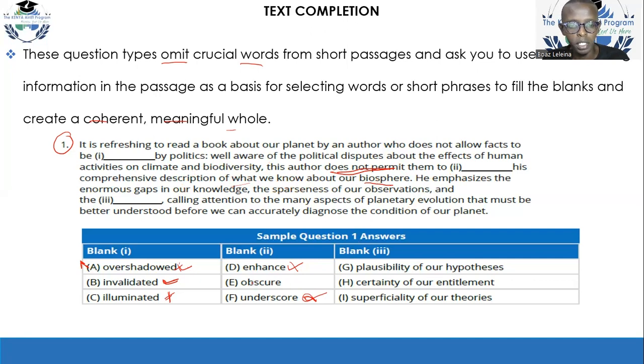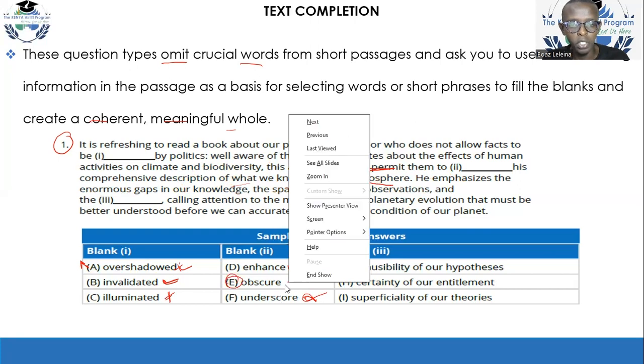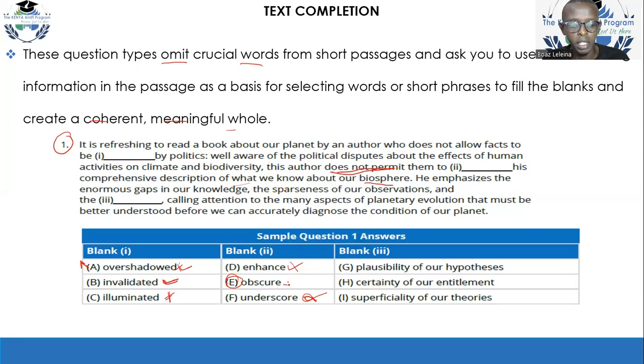So the only option that seems to be working here is obscure. Obscure is like the opposite of underscore. Obscure means to keep something from being seen. He obscured my vision. So here, he does not permit them to obscure his comprehensive description of what we know about our biosphere.